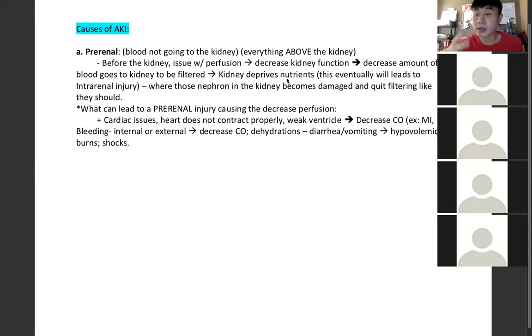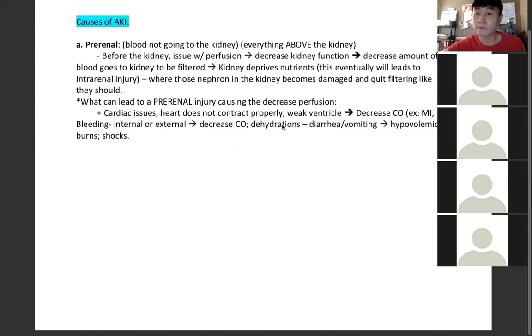When the kidney doesn't receive the salary, which is the blood, the oxygenated blood with the nutrients, they will go on strike and eventually will lead to issues internally inside the kidney. No nephron, no worker willing to work anymore. So therefore the kidney will be going into acute kidney injury, and they will quit filtering, they'll quit producing urine and serving the function that they're supposed to do.